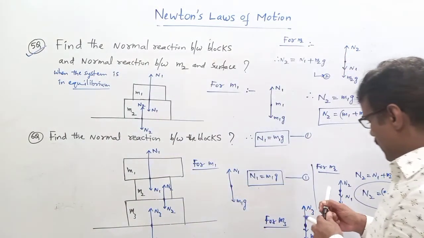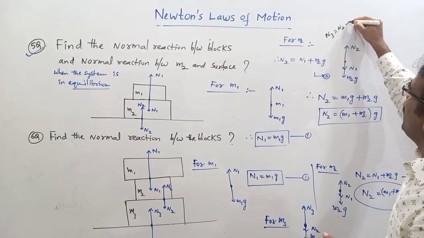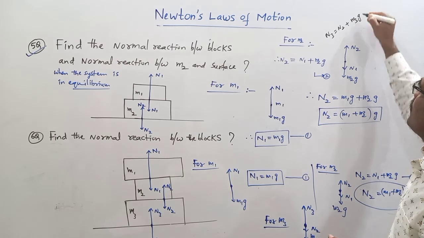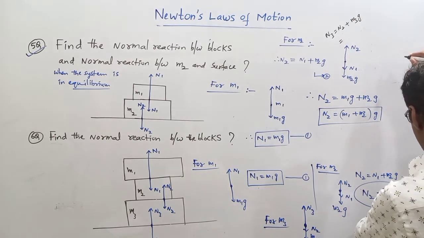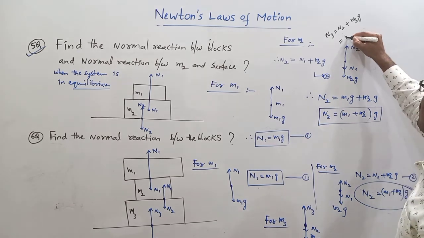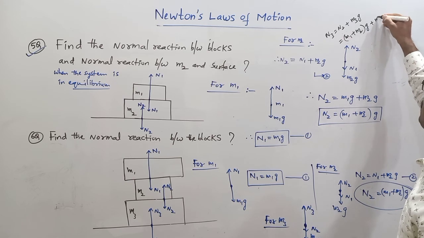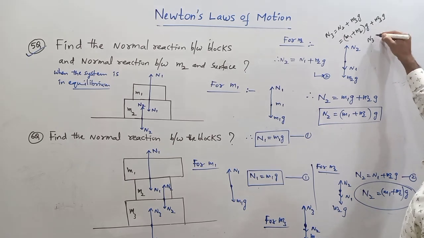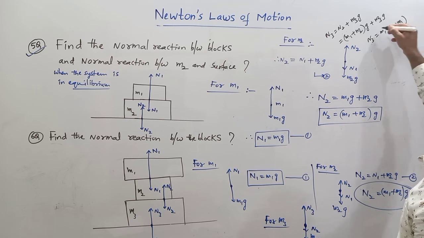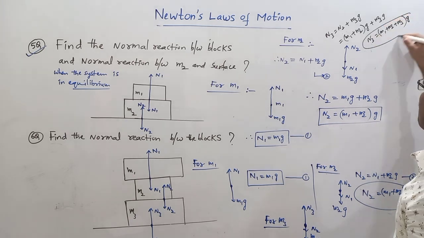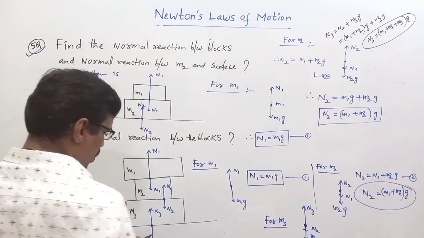That is N3 is equal to N2 plus M3G. N2 is M1 plus M2, into G. So N3 is equal to M1 plus M2 plus M3, into G. This is the normal reaction between M3 and the floor.